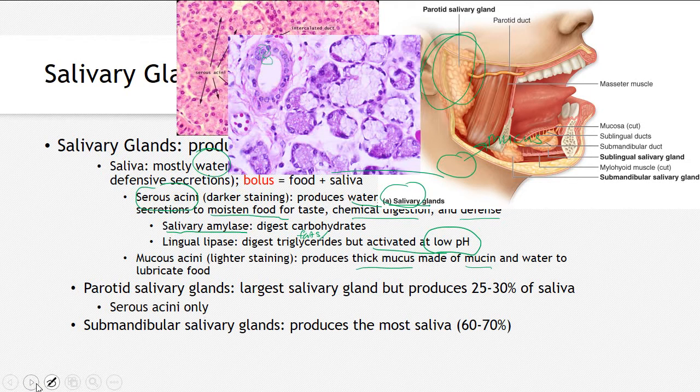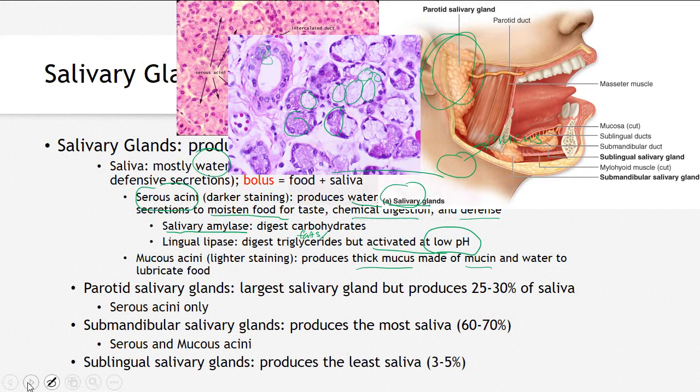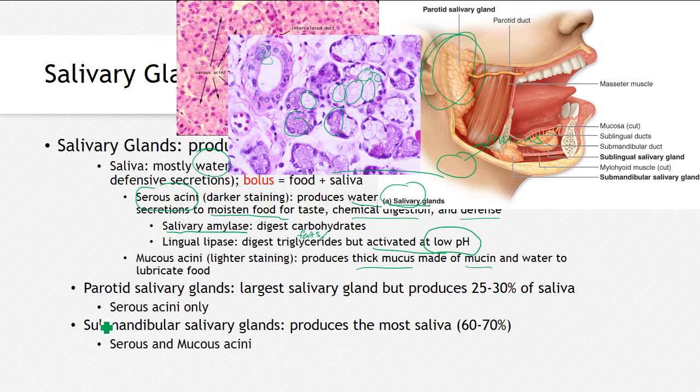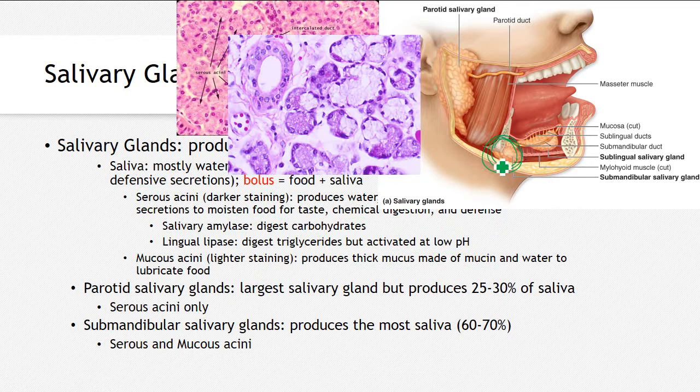And then the submandibular salivary glands produce the most amount of saliva. You'll notice that there are serous acini all over here, and there are mucus acini over here. Versus the sublingual. By the way, here are the submandibular glands.